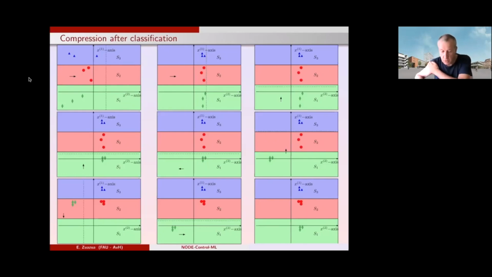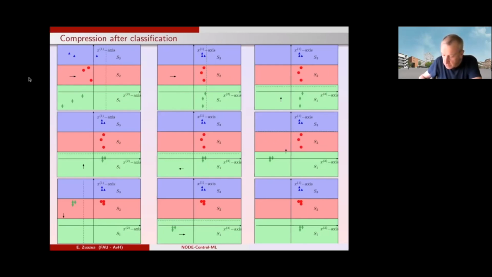Okay, but then you could say, well, now, in the horizontal line, they are very packed. It's true, they are very compressed horizontally, but there is still, here and here, a lot of dispersion on the vertical coordinate. Then I could go one step further and take this horizontal line here, right?